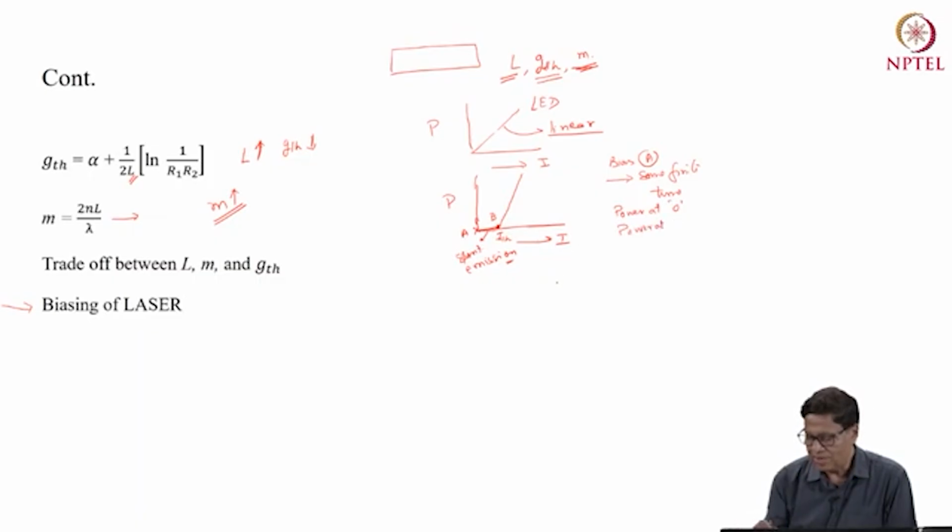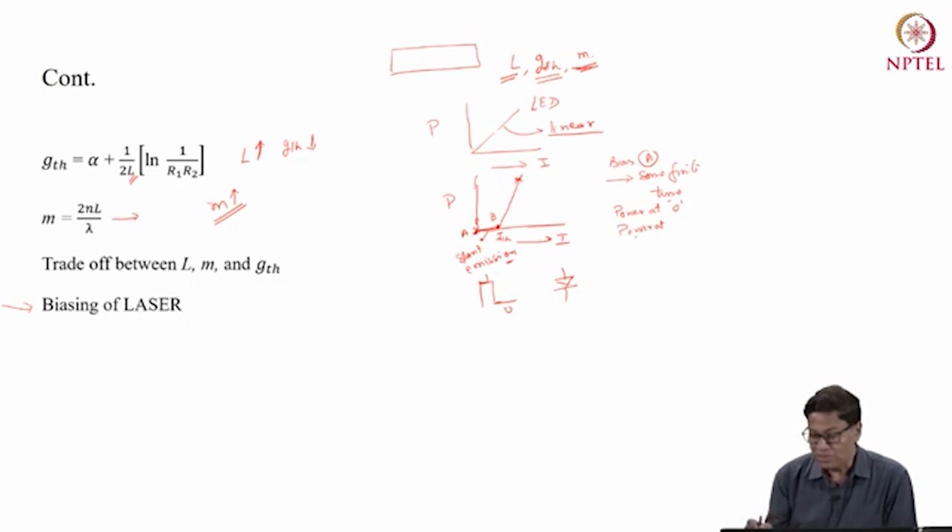because when you are modulating your laser diode, suppose this is your laser diode and you are modulating with some 1 0 1 0. So whenever there is a 1, it is emitting this amount of power or whatever maximum power, and whenever it is 0, it is emitting this power which is there corresponding to point A. So the extinction ratio is defined as power at 1 level divided by power at 0 level.